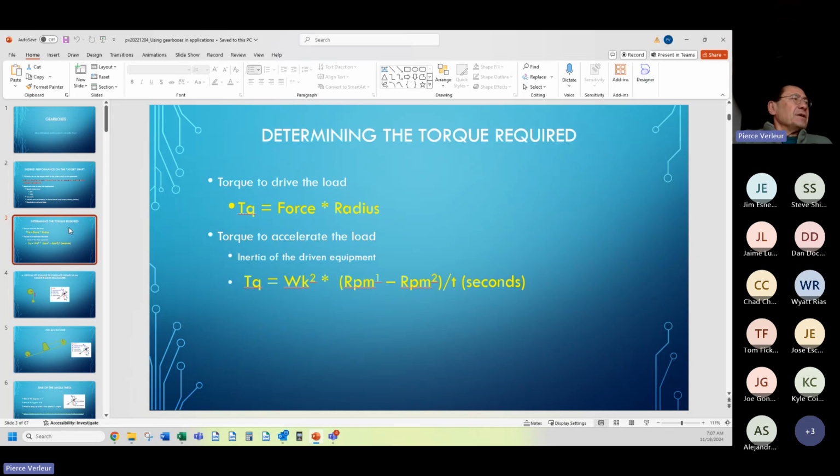So some basics here, and these formulas are published in this presentation for your convenience. Basically, torque, very important to size a gearbox. And continuous duty torque versus peak torque. Peak torque typically occurs during accelerations and decelerations.